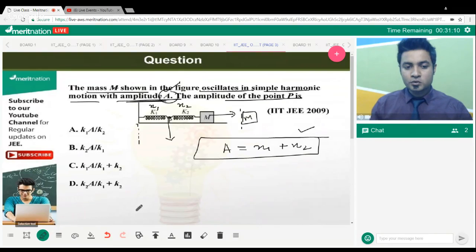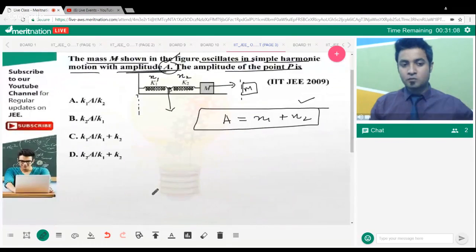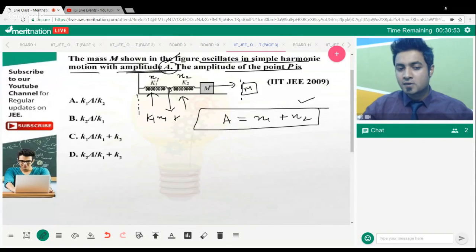One more thing I need to tell you guys, these are the forces. Suppose in spring 1, whatever force is developed, you can write it as k1 x1, right? And in this spring, the force developed is k2 x2, right? Because this is the spring force.